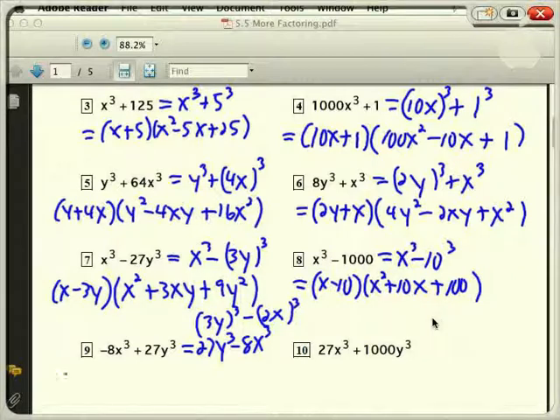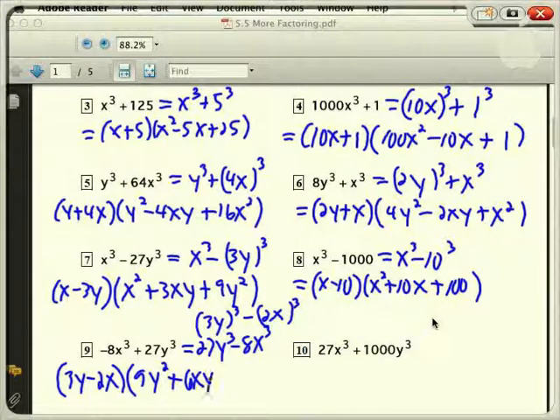So this will be 3y minus 2x quantity times 3y quantity squared, which is 9y squared, plus 6xy plus 2x quantity squared, which is 4x squared.